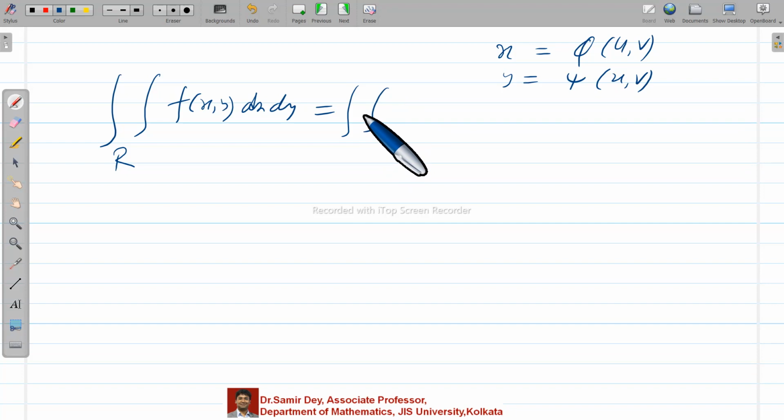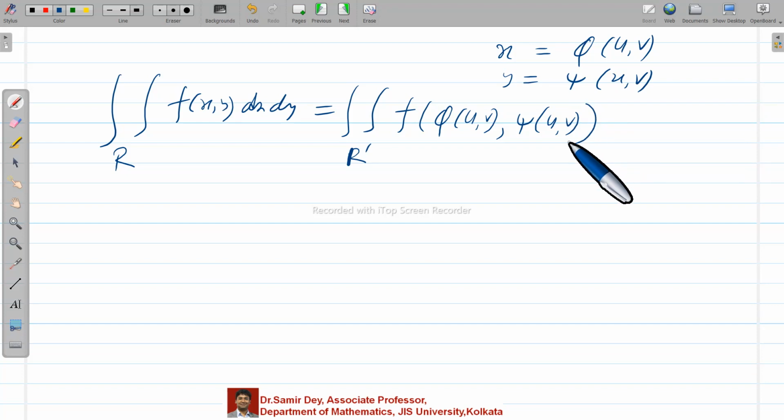So you may write the new region R dash, where f becomes f of phi(u, v), psi(u, v), and dx dy is replaced by J, which stands for the Jacobian, times du dv.